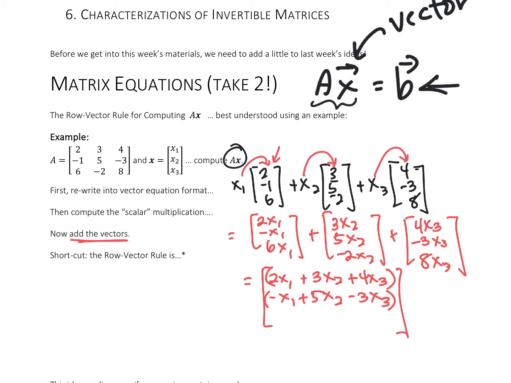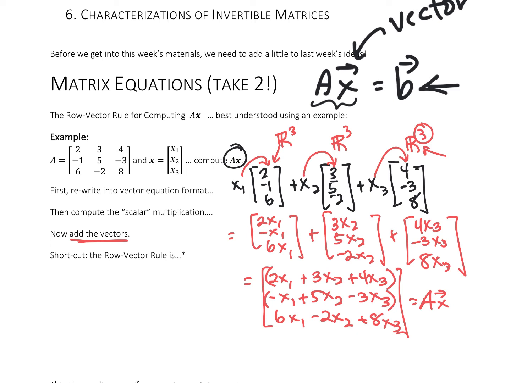So you'll notice that each of these vectors has 3 entries, so they're in R3. All that means is real numbers with 3 entries. We'll get to that. We're just going to roll with it. All right, so 6x1 minus 2x2 plus 8x3. And this is the result of A times that x vector.